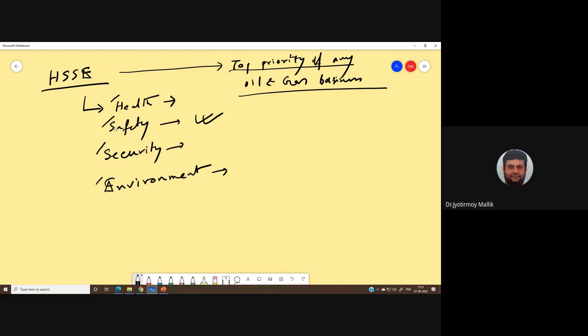Damaging zero environment is not possible in the oil and gas industry. As soon as you drill a well inside the ground, you are playing with the environment. So you have to minimize environmental impact.